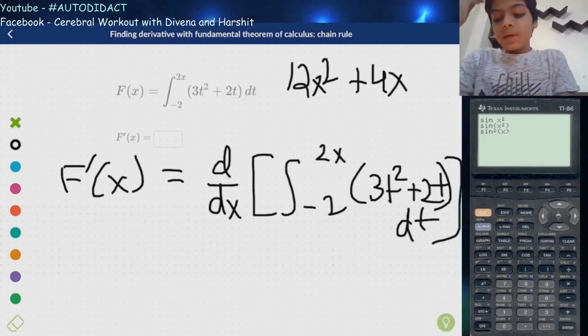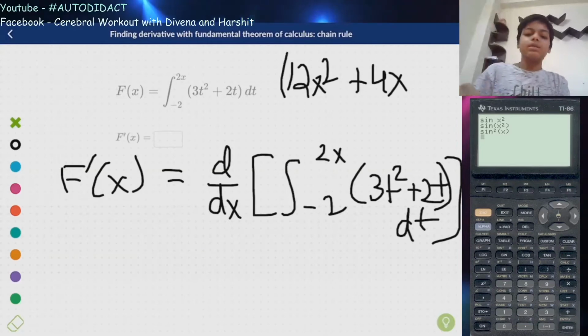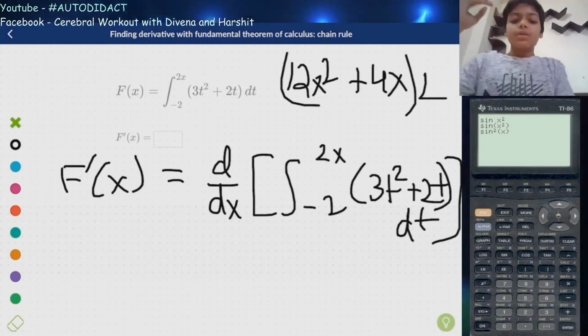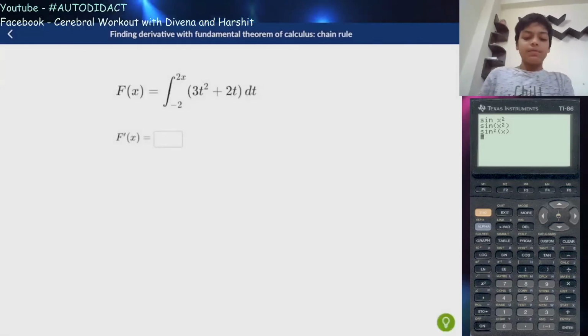We have to multiply by the derivative of 2x with respect to x, which is 2.